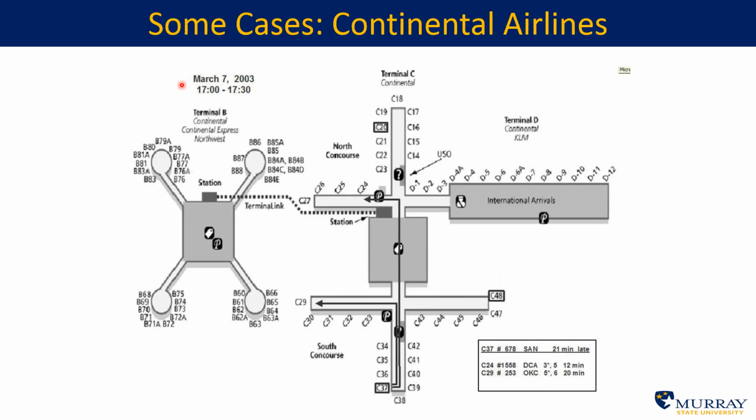Now here you see a decision support system used by Continental Airlines. It's used for understanding flight arrival and departure, so they can take better care of people whose flights are late, and who may be late for their connecting flight. So they can quickly visualize which airplane is arriving at which gate, is it delayed or not, and if it's delayed, they may want to send some personnel to bring people from this specific gate and rapidly take them across customs, across passport control, so that they reach their departure gate on time.